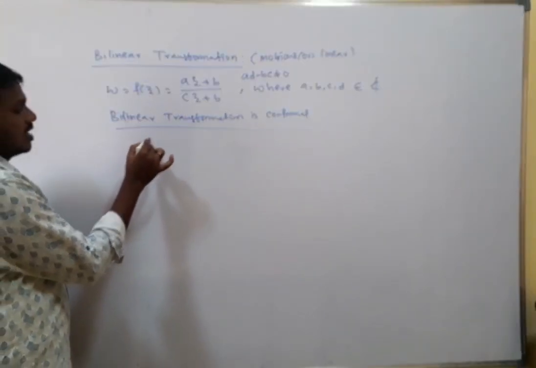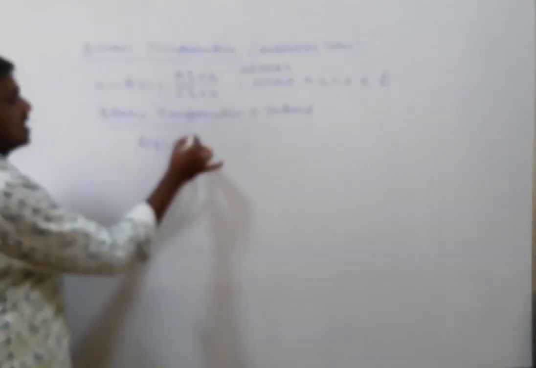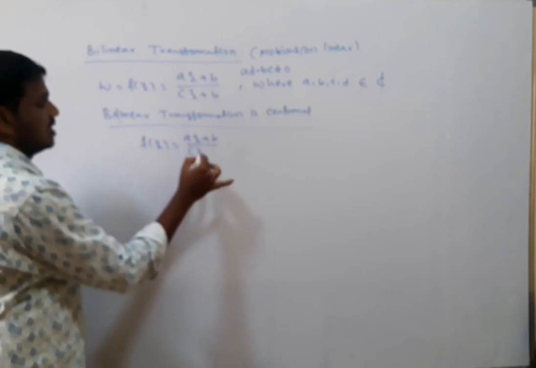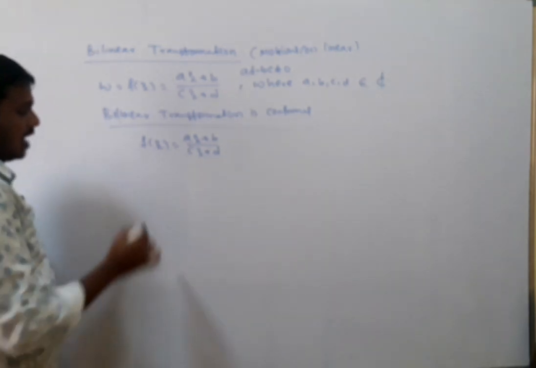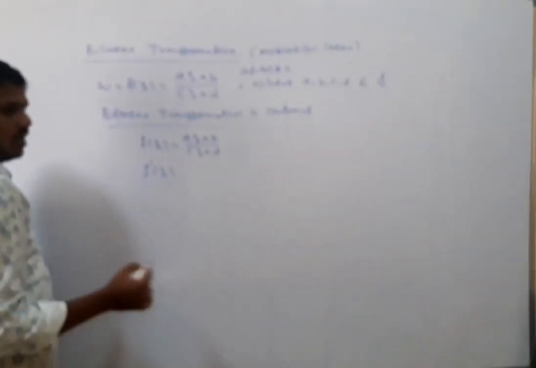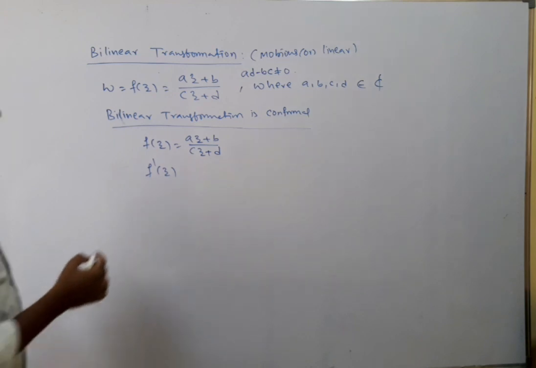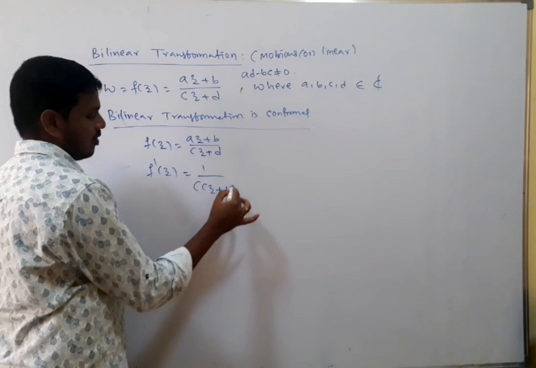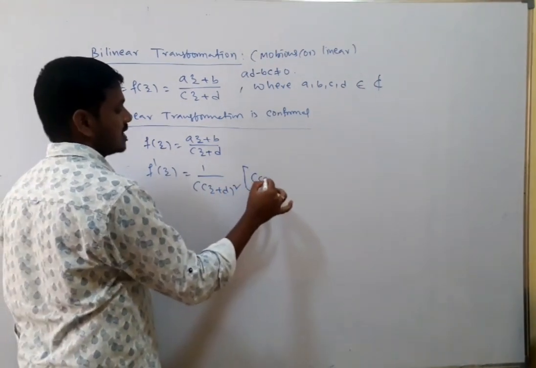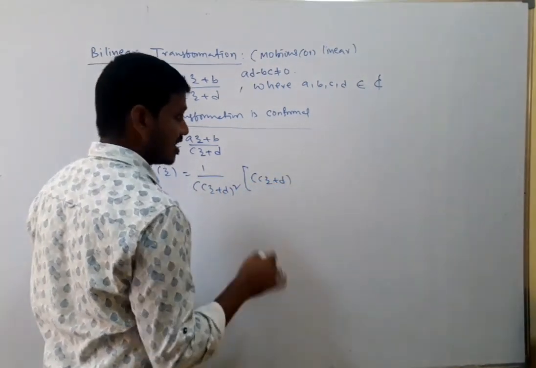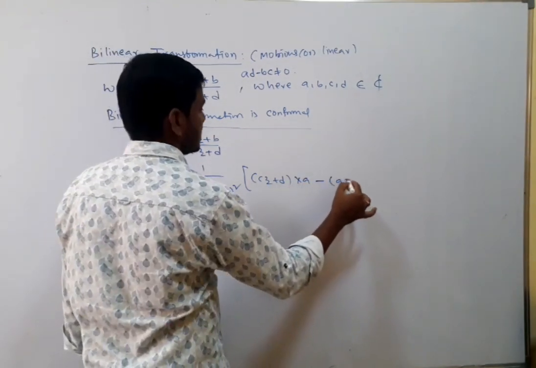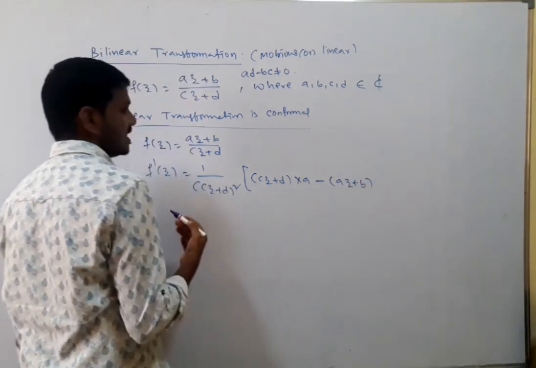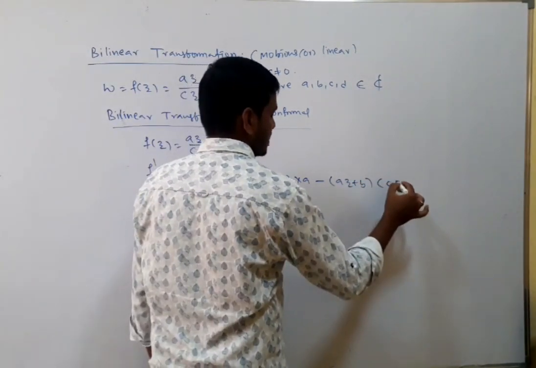Given the bilinear transformation f of z is equal to az plus b divided by cz plus d, I am going to find the derivative of f of z to apply the conformal mapping theorem. f dash of z is equal to 1 by (cz plus d) whole square, into [denominator times the derivative of the numerator: (cz plus d) times a, minus (az plus b) times the derivative of cz plus d, which is c plus 0, that is c].